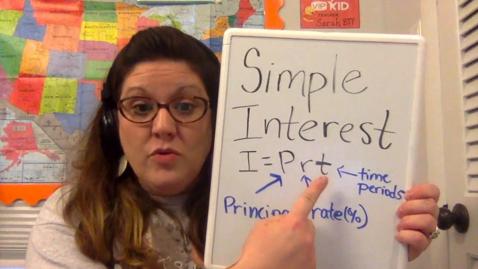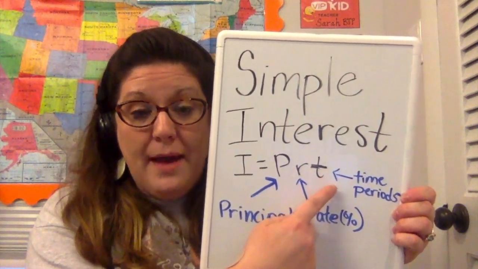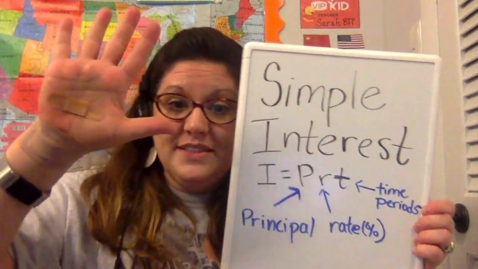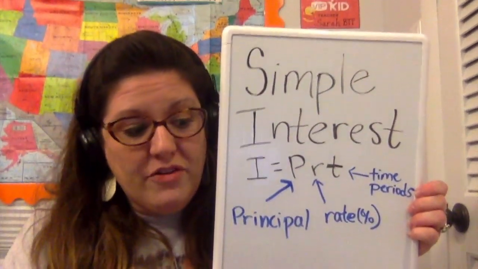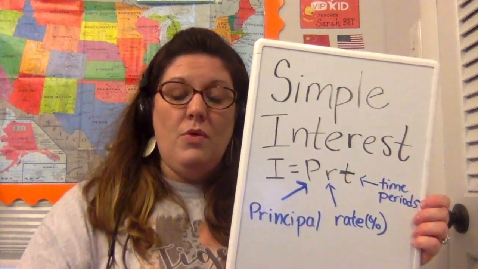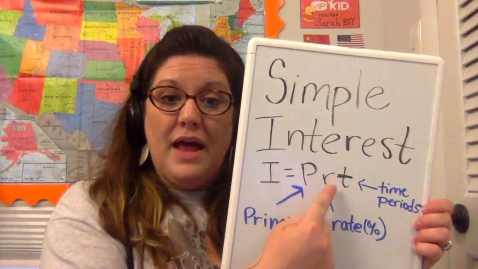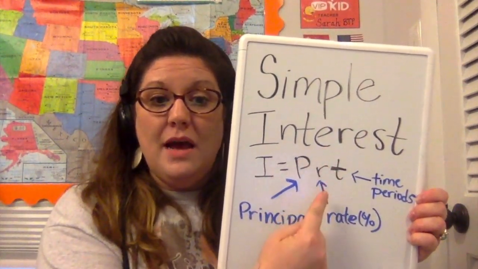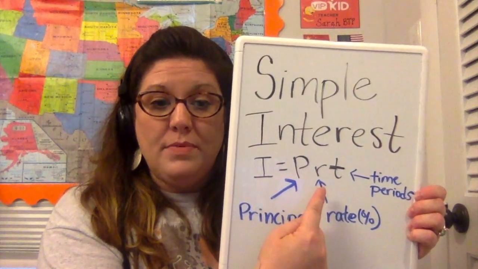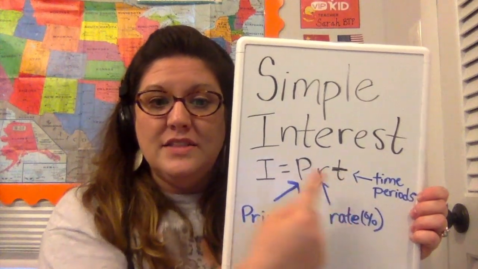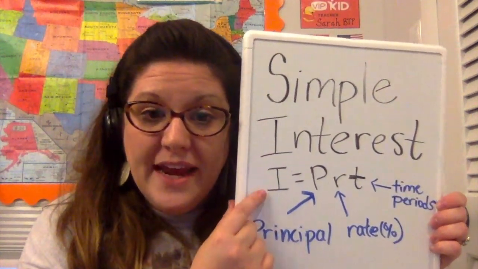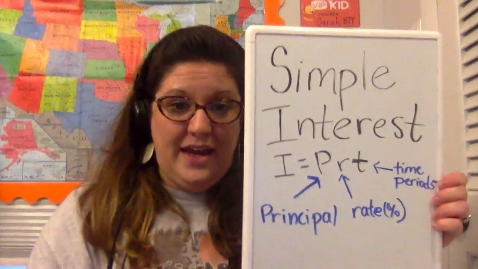Well, annual means the time periods are happening once a year, and we said 5 years, so T would be 5 for 5 years. Okay? And by multiplying the principal times the decimal representation of the interest rate times the number of time periods, we calculate how much interest that our account would gain.